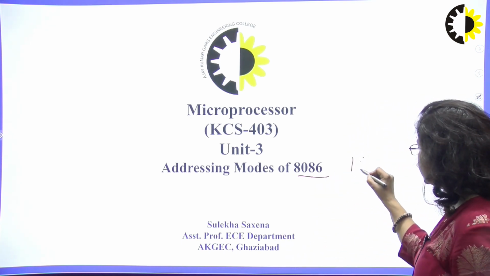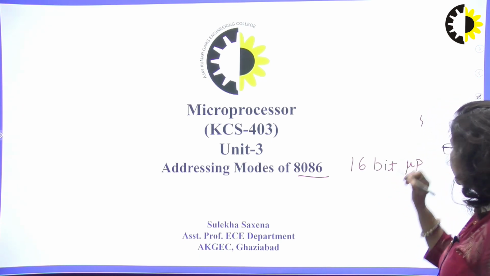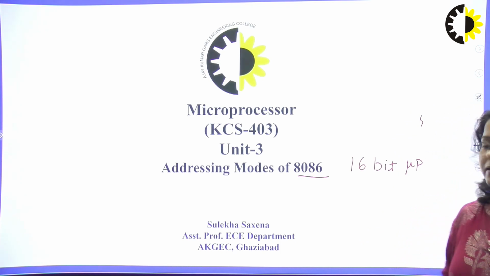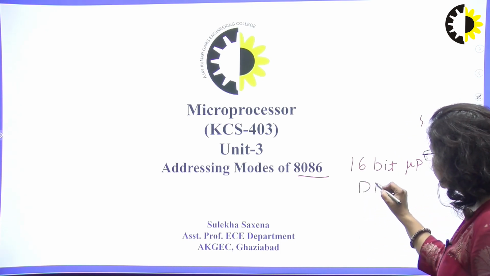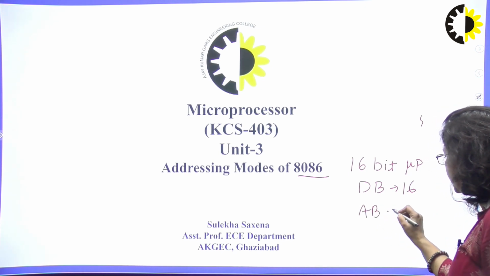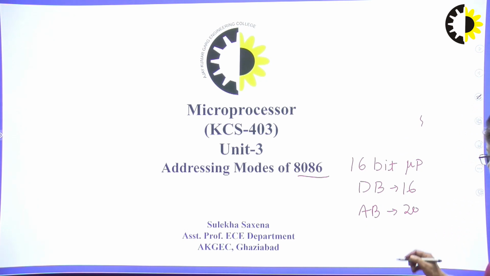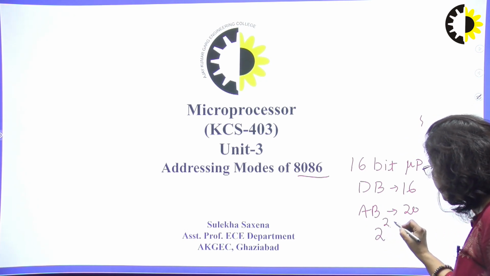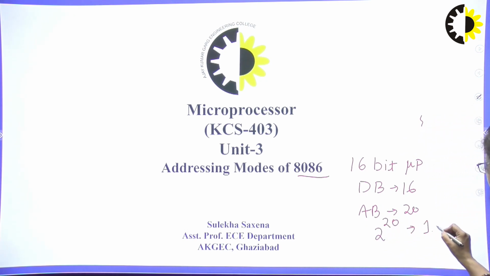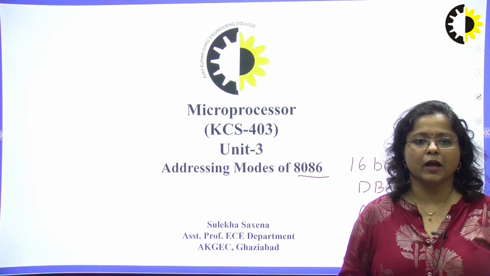8086 is basically a 16-bit microprocessor, wherein its data bus is 16-bit and its address bus is 20-bit. This means 8086 can access a memory of up to 2 to the power 20, that is 1 megabyte of memory. From memory, it captures all the opcode and operand.